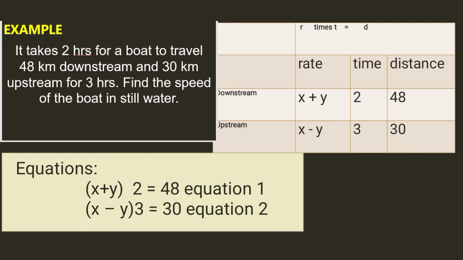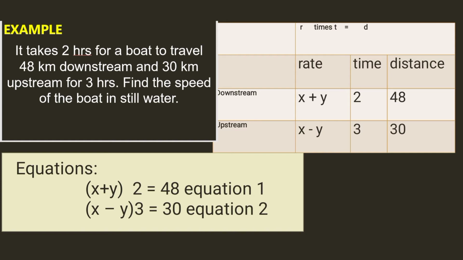It will be addition since the boat moves faster, going with the current of the water. Unlike upstream, there is a force that slows down the boat, so that is minus, x minus y. The time for downstream mentioned in the problem is 2 hours, unlike upstream, which takes 3 hours. The distance of downstream is 48 kilometers, while upstream has a distance of 30 kilometers.